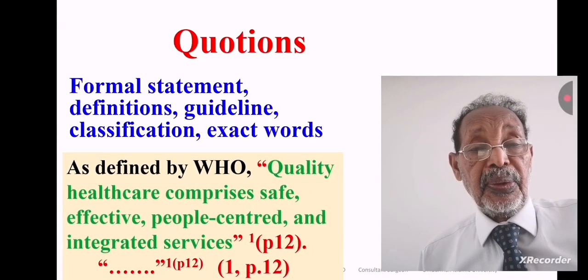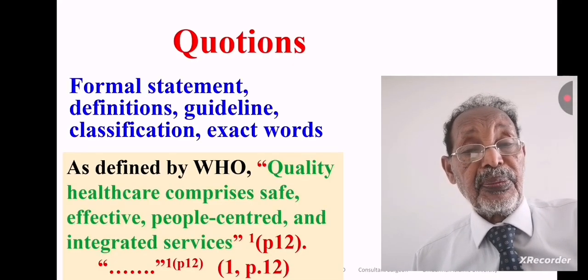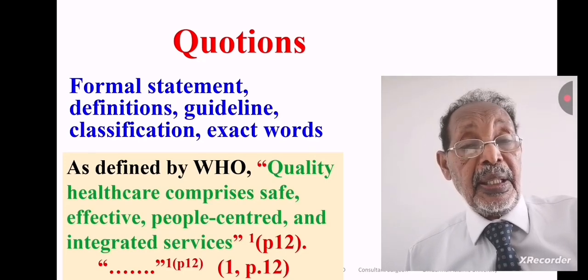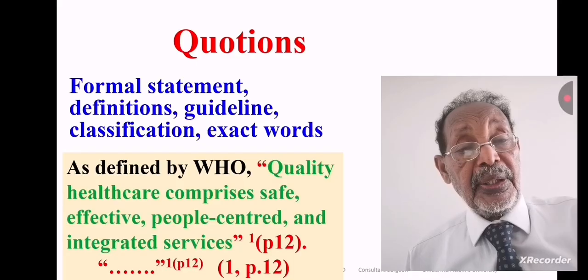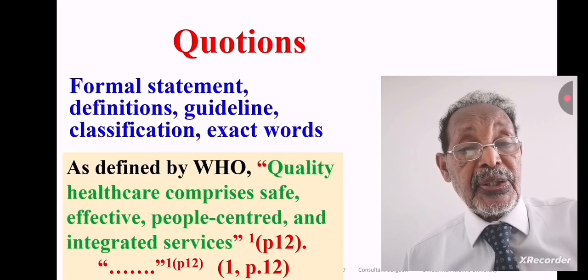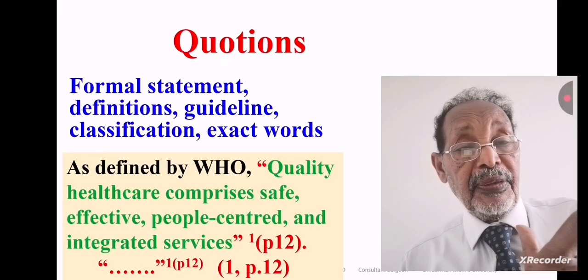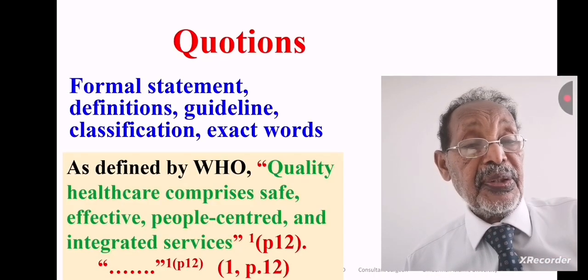And here is an example. For example, this declaration from the WHO, they defined quality health care. What is quality health care? They said quality health care comprises safe, effective, people-centered, and integrated service.